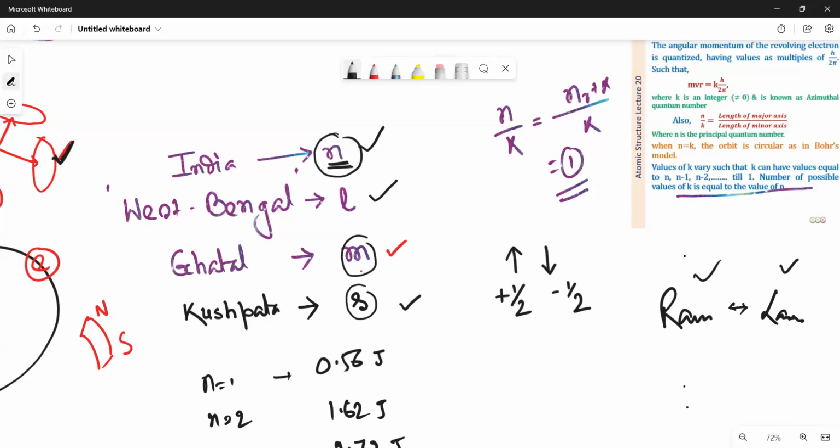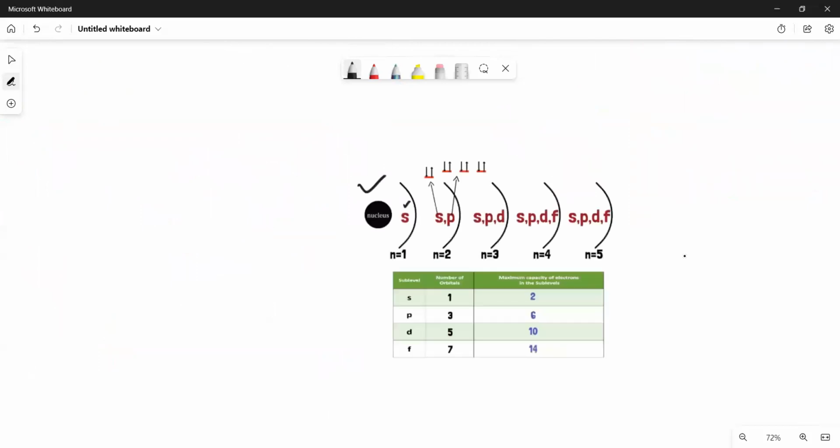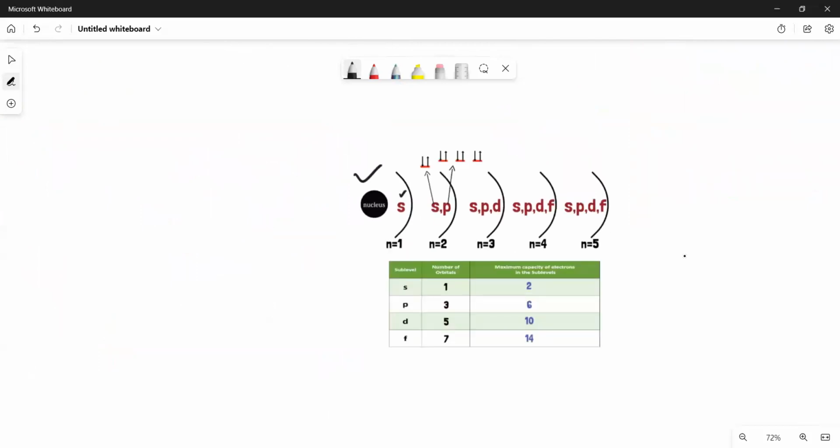Now, while you are filling the electrons, I hope you have also heard about the Aufbau principle. The Aufbau principle means that the lower energy orbital will be filled first, and then the higher energy orbital will be filled. It means that electrons like to remain at the lower energy orbital rather than the higher energy orbital.